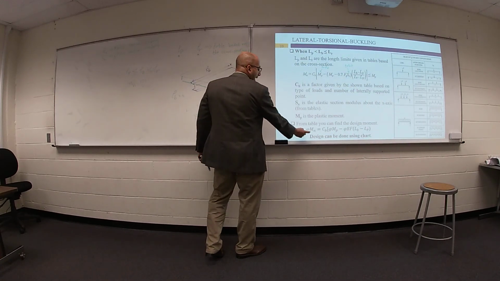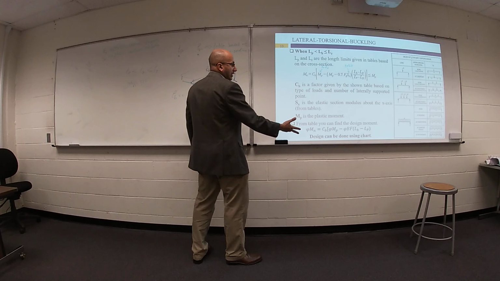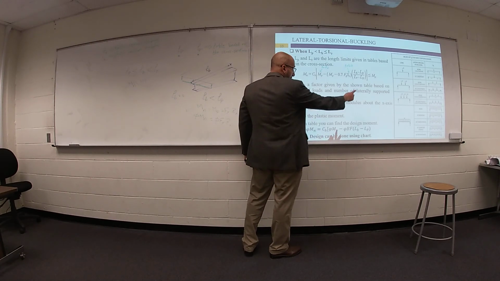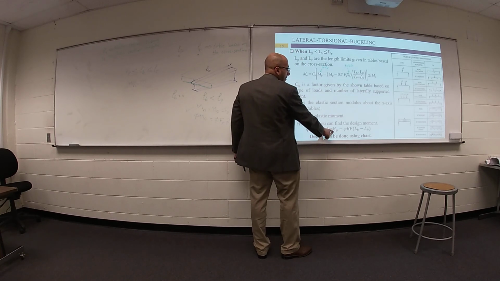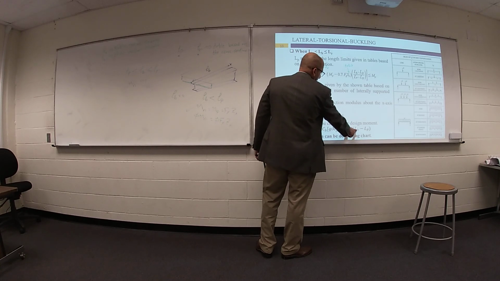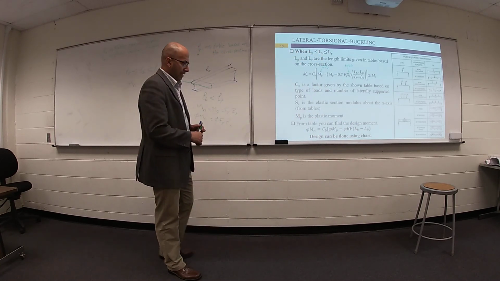Or you can use your table also, but a different equation. Your design moment equals CB, the same, phi M plastic minus phi BF times LB minus LP.